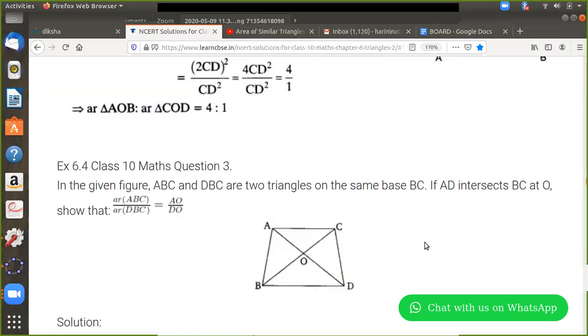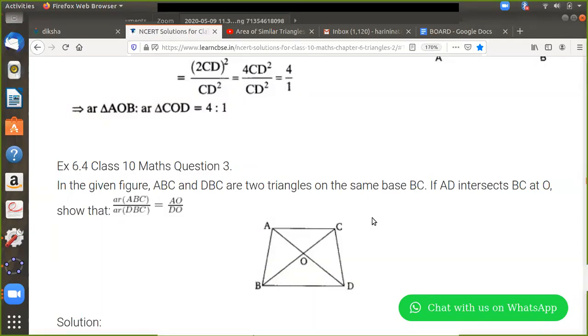No imagination should be there. Two triangles on the same base. I don't know what it is. Do I need a construction? I don't know. Ma'am, CO is a perpendicular bisector of AD which divides AO equal to OD.